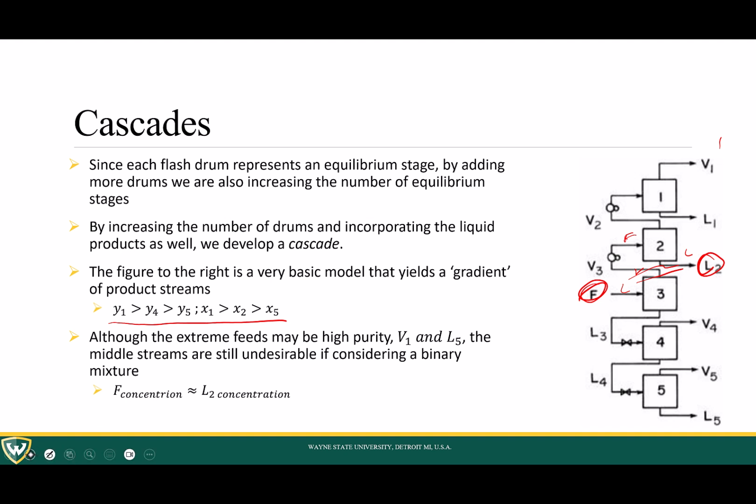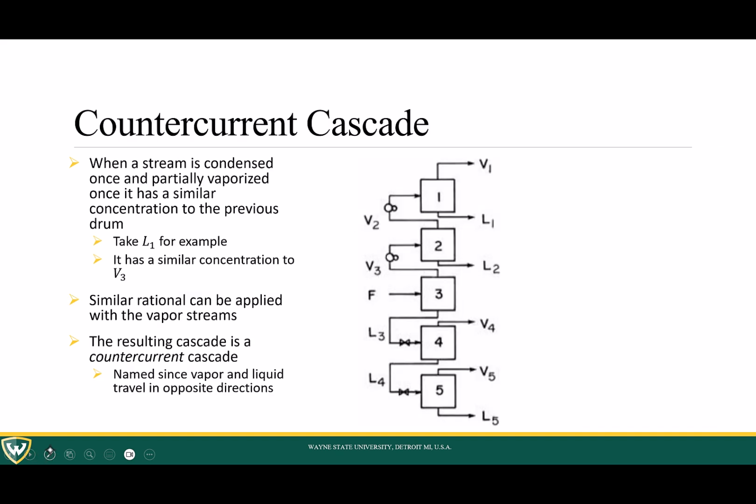So in order to improve purity and to get more useful products, what we want to do is create what's called a countercurrent cascade. So when a stream is condensed once and partially vaporized once, it has a similar concentration to the previous drum. So all that is just to say is that these are not very useful.